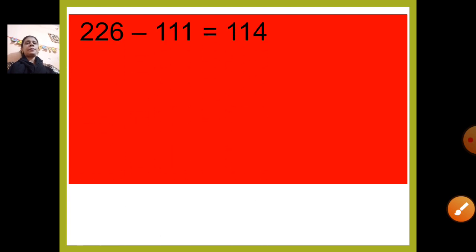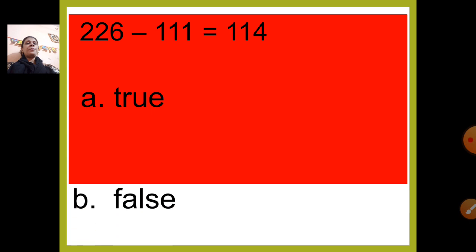Next. 226 minus 111 is equal to 114. Correct. Now let us see the options.